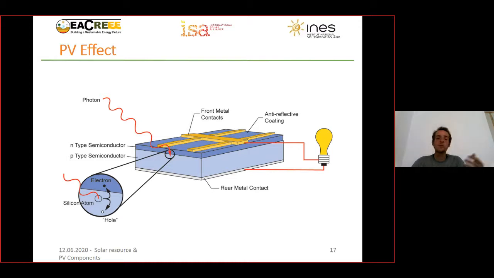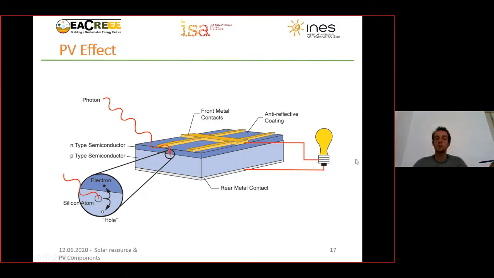And you can also add some front metal contacts to improve the conductivity of your materials. And silicon PV cells are also made with an anti-reflective coating to maximize the amount of energy that you can absorb and try to minimize the reflected energy that will come onto your modules.